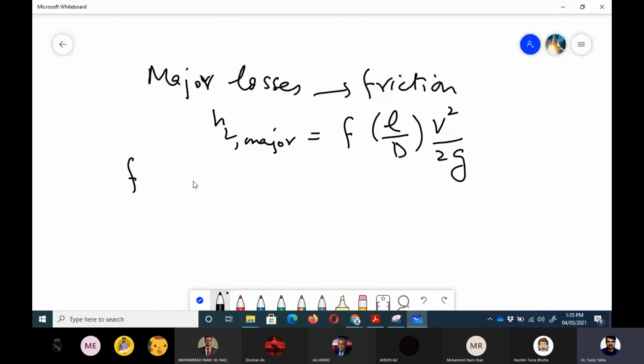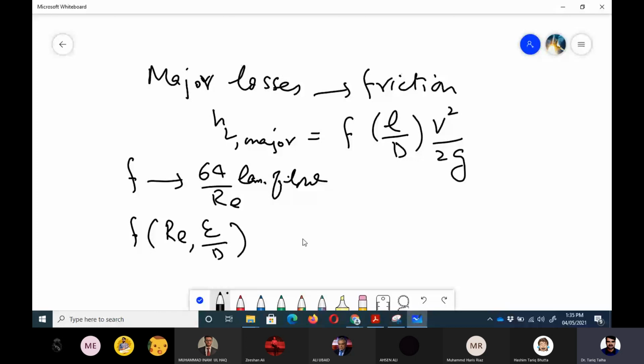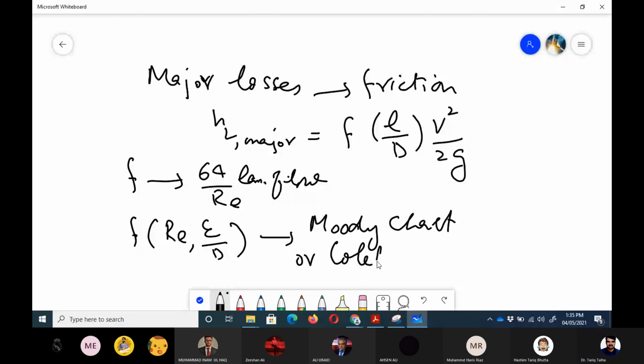Now friction factor is equal to 64 upon Reynolds number for laminar flow, and for turbulent flow, that is a function of Reynolds number and relative roughness. So we use the Moody chart or the Colebrook relation, right?